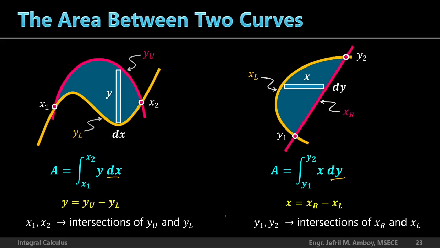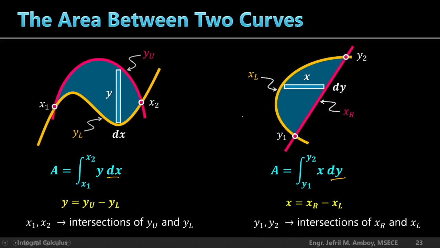So, para makuha mo yung values ng limits, e-equate mo lang kung ano ang pinag-minus mo. So, kung ano yung pinag-minus dito, e-equate mo lang, solve for x, makukuha mo na yung x1, x2. Dito naman, ganun din. Kung ano yung pinag-minus natin dito, e-equate mo lang sila. Solve for y, makukuha mo na yung values ng y1 at saka y2. Okay?